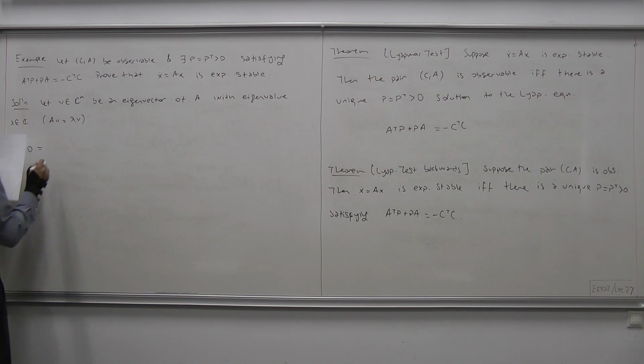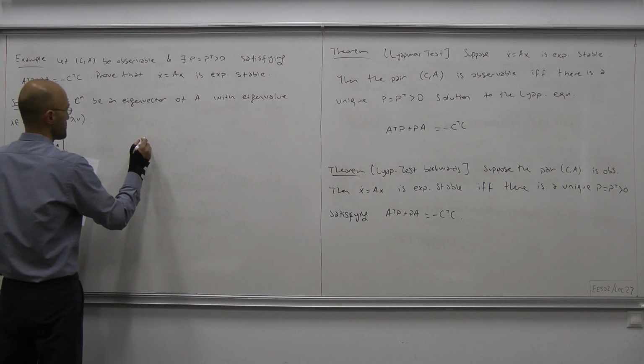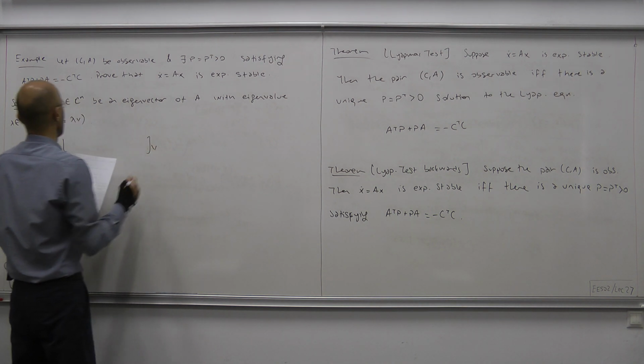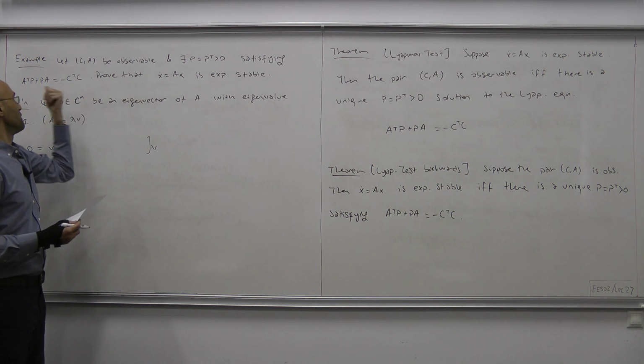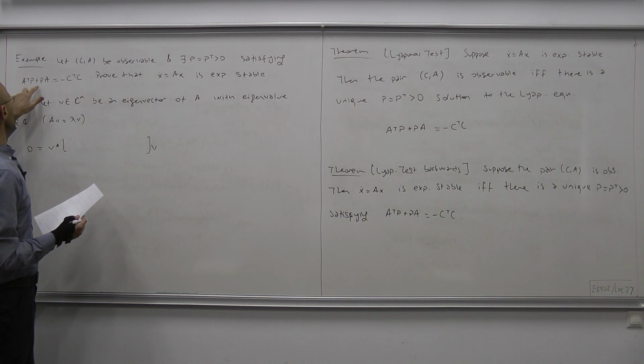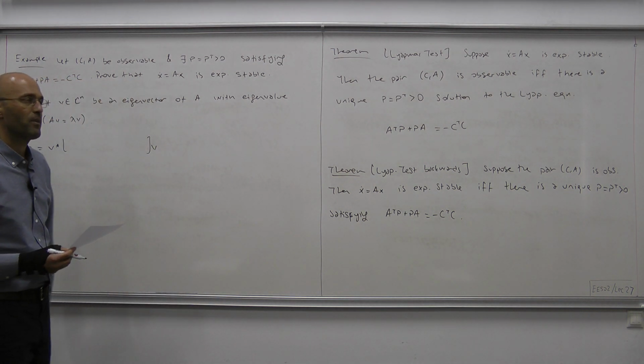V conjugate transpose times. So what we do is we take this minus C transpose C to the other side, and what we have is A transpose P plus PA plus C transpose C equals the zero matrix.